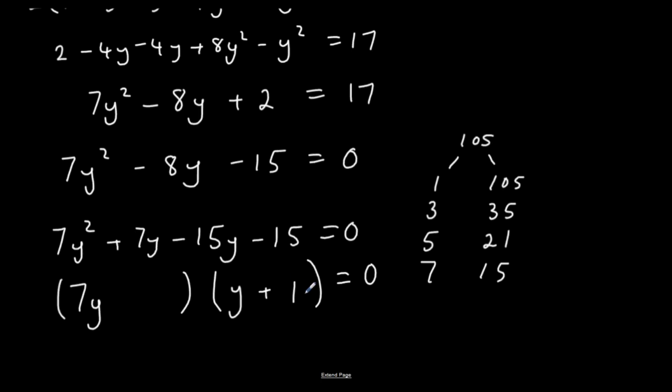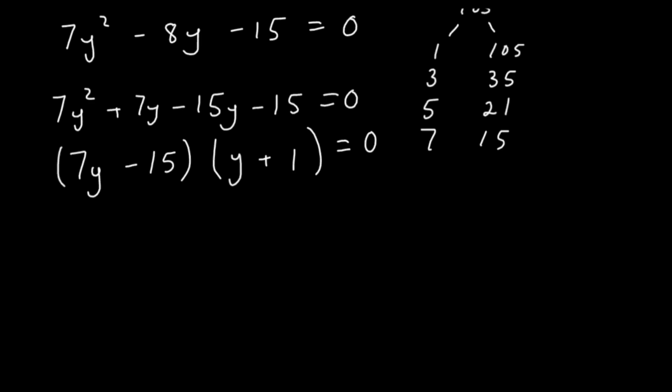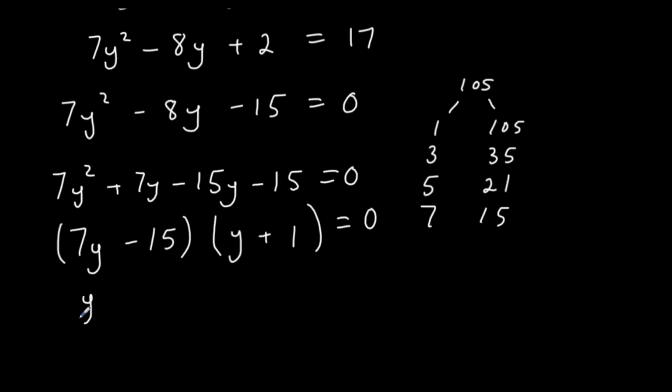That's a 1. Something times y is minus 15y. That must be minus 15. And there it is factorized. So what does it equal? What makes the first bracket 0? 15 over 7. What makes the second bracket 0? -1.